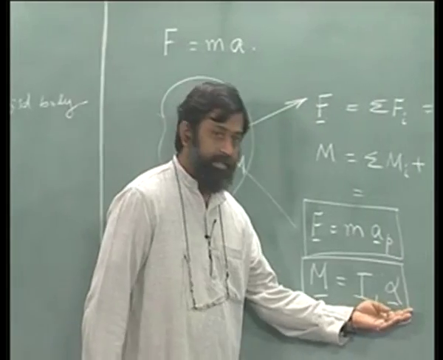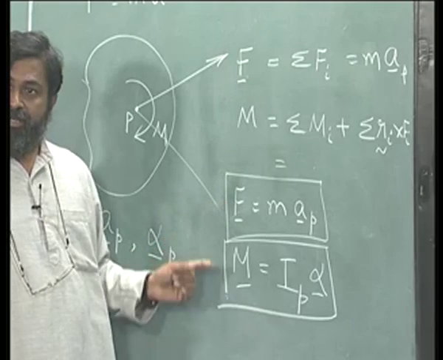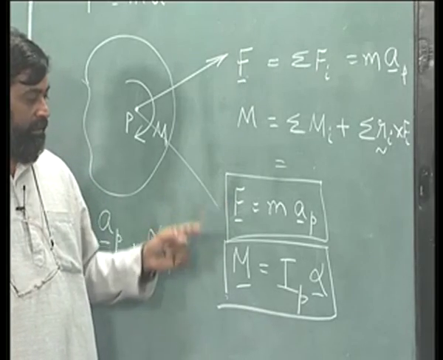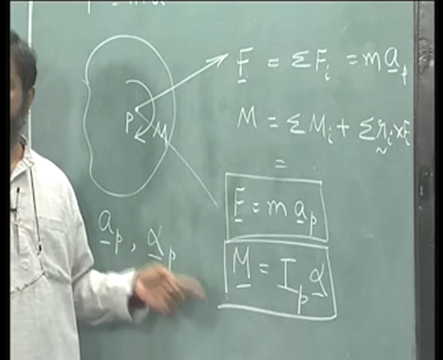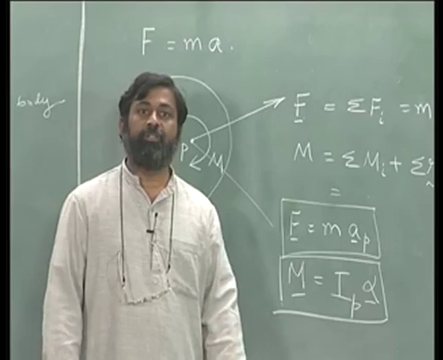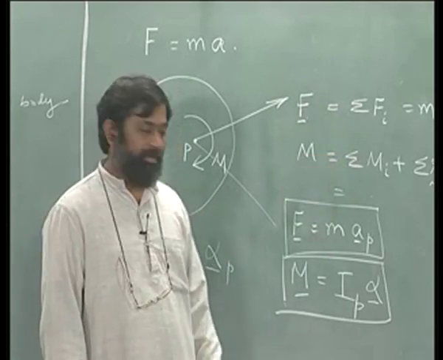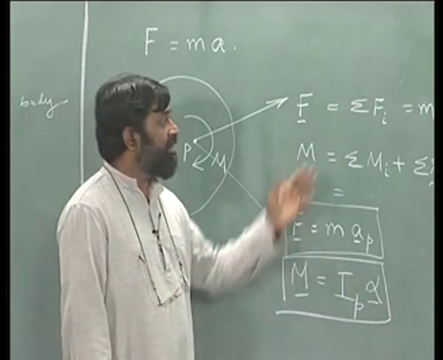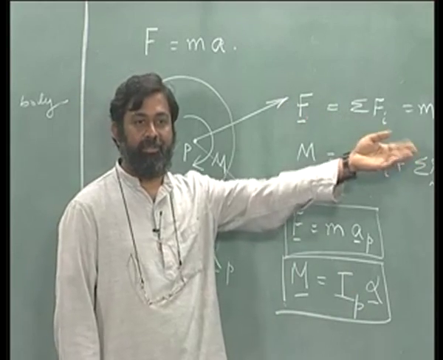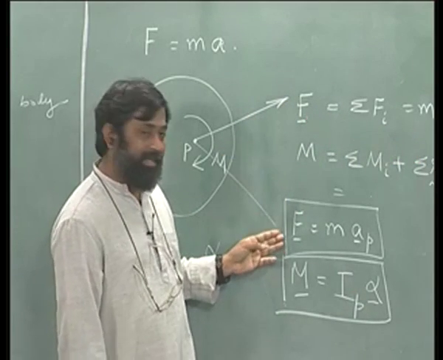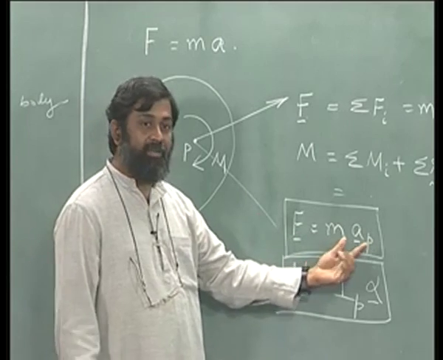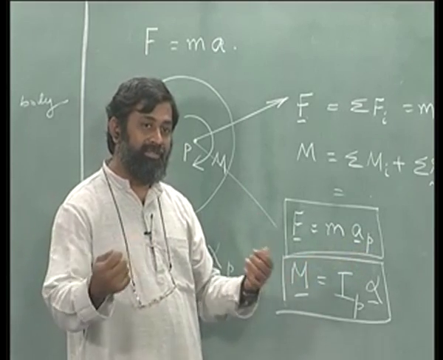Now how many equations do I get? I get one vector equation here and another vector equation here, which means 3 plus 3, 6 equations. So I have 6 equations just like in static equilibrium. There may be unknowns here, unlike the static condition where the right hand side is equal to 0. Here the right hand side quantities also may be unknowns.